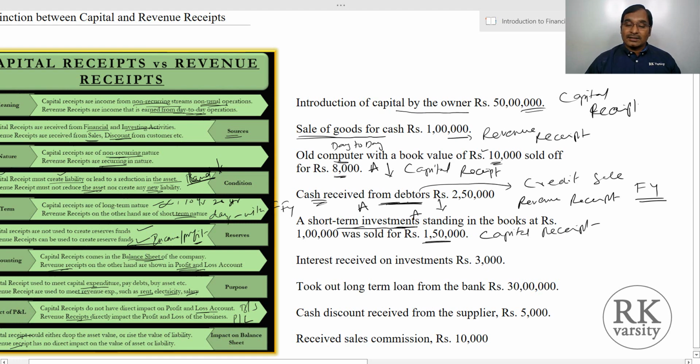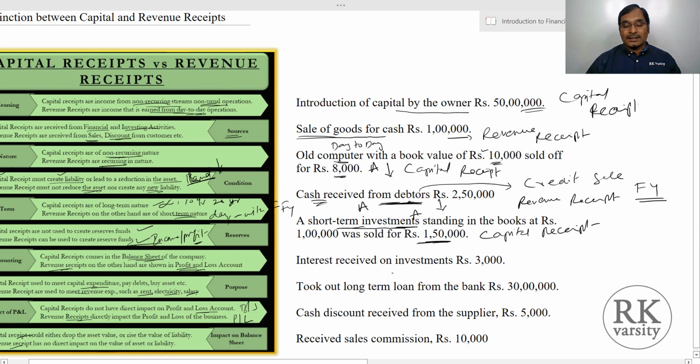Whereas in the case of debtors, it is a short-term obligation and it is a part of your regular activities. That is the reason why we consider it as a revenue receipt. Whereas here an investment is considered as a long-term one or non-business activity. So this is a capital receipt.